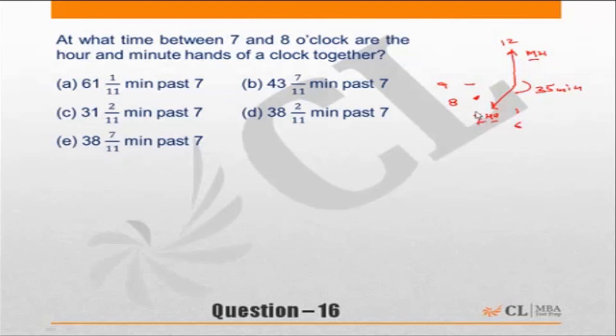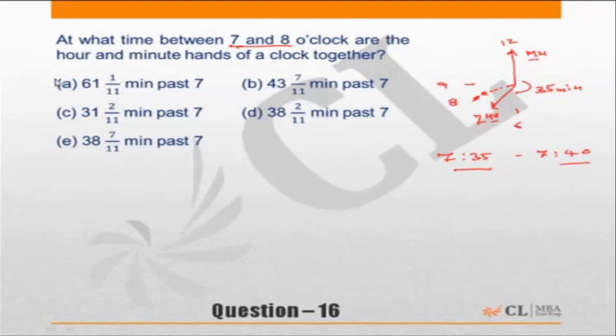The hour hand at 7 o'clock is at 7, at 8 o'clock it will be at 8. So between 7 and 8, if they have to meet, they will meet between 7:35 and 7:40. Because at 7:40, when the minute hand reaches 8 o'clock, it has definitely crossed the hour hand. So my answer first of all has to be between 7:35 and 7:40.